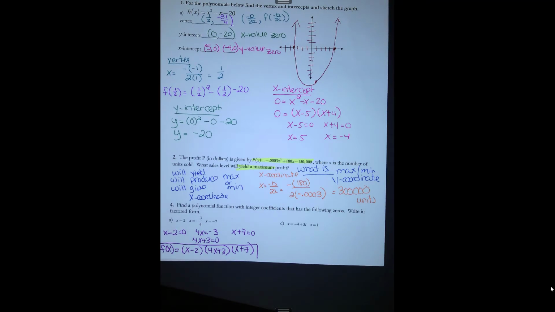Now if we look at letter C, typo, that we have x equals negative 4 plus 3i and x equals 1. If we recall those imaginary numbers, they come in pairs. Very, very important.